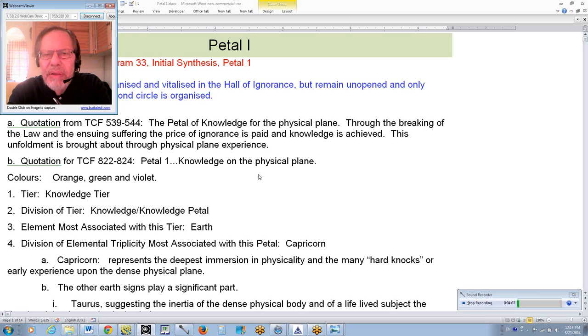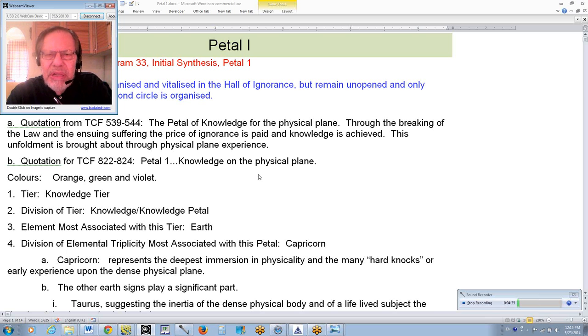Now you kind of wonder whether the people who are still very close to the earliest unfoldment of the bud and who don't have one petal completely open and have no other petals open, how far ahead really can they be working on the organizational task?